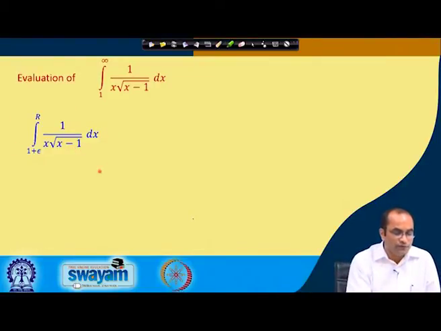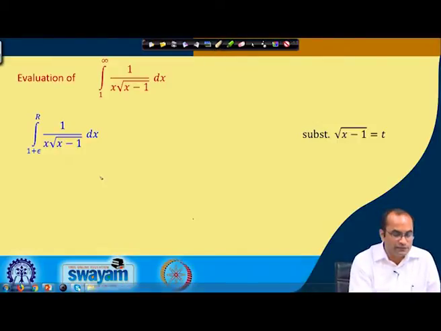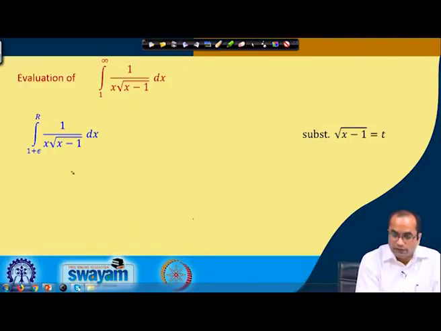Now we will evaluate first this integral, because it is a proper integral. We have no problem at the lower end and also at the upper end. So here we will substitute the square root of x minus 1 as t, and then we can easily evaluate this integral. By this substitution, x minus 1 is equal to t square, which means dx is equal to 2t dt.